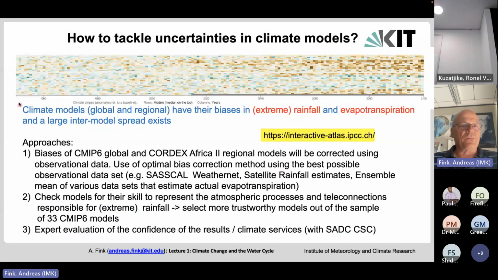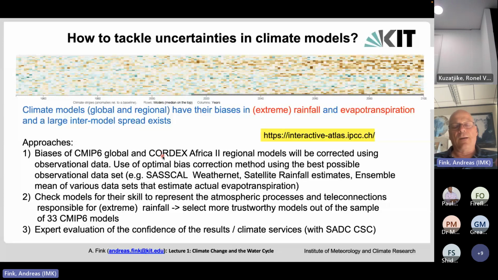And this is another reflection on that. For example, here are the models, these are, let's say, 20 models or so. If you go in this direction, you see the changes in each individual model for your area. And you see there are some models which don't show a change in rainfall. Some show a drying at the end of the century.